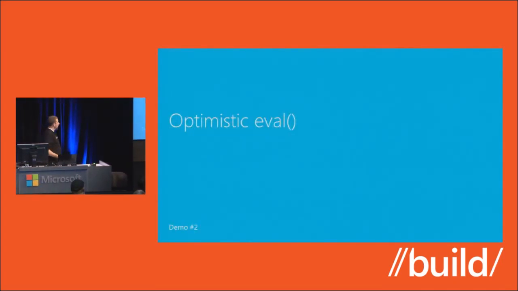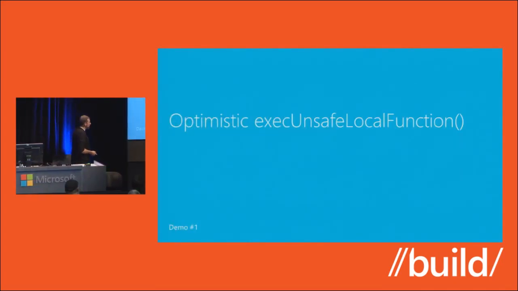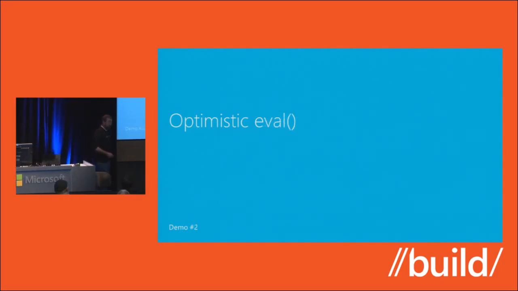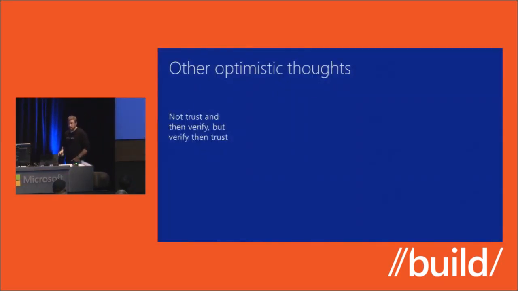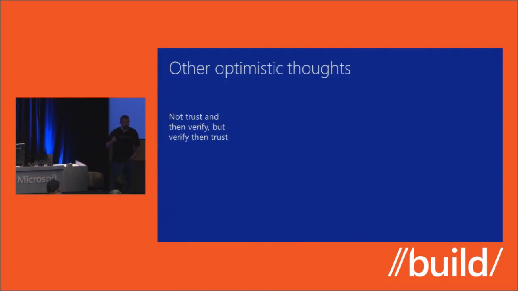So we talked about the optimistic exec unsafe local function, and we talked about eval. But one note here, and this is something we were trying to thread through that whole discussion, it's not about trust and then verify. It's about verify and then trust. So you saw the mistake I made where I fixed the net result, the receiver on the other end of my object from eval, by taking the message and making it text.